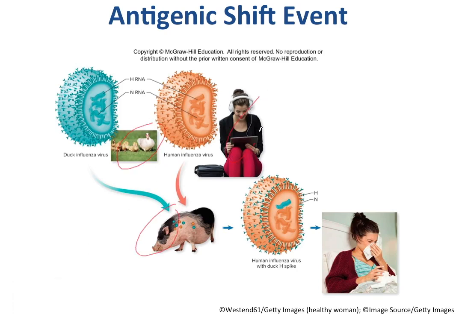The duck virus has its own features, the pig virus has its own features, so they can change their features, and then come to humans. So each year, the virus changes.